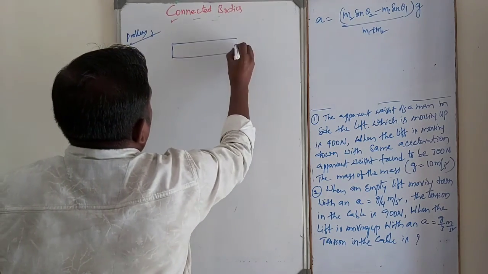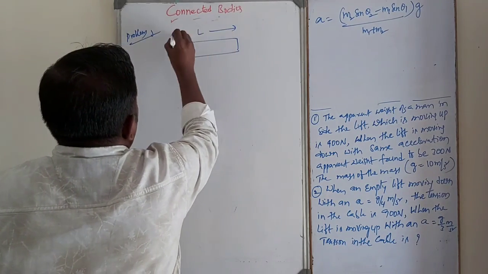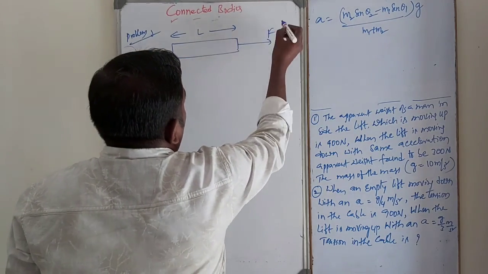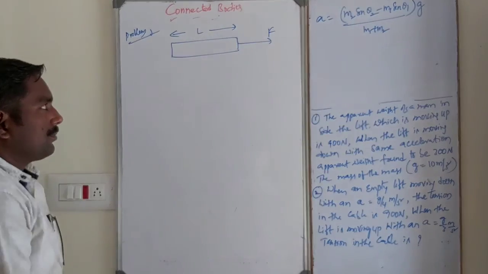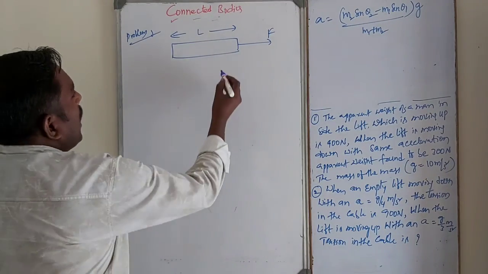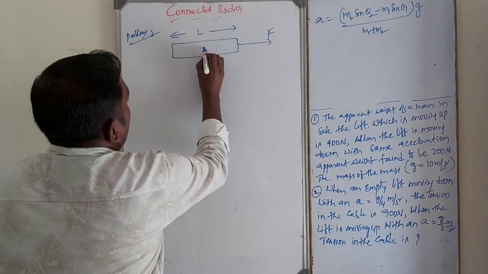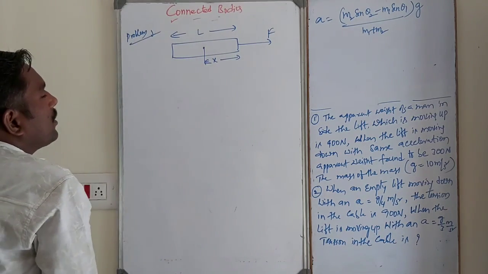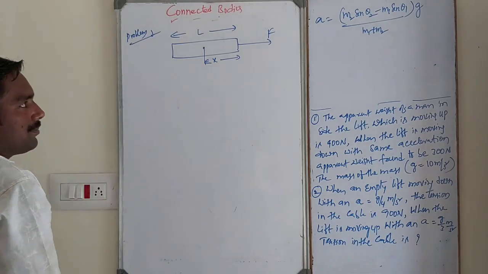A rod of length L, the applied force at one end is F. So what will be the force at a distance of x on the rod of length L?